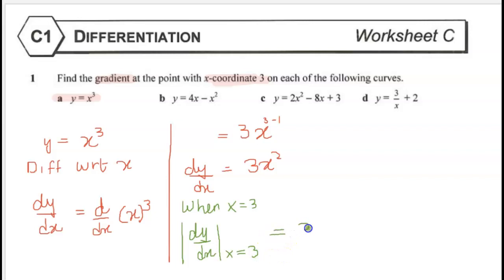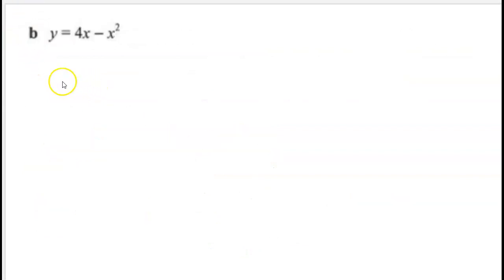And then you put 3, that 3 is from here, and 3 squared. So when you put that in the calculator, you get the answer 27. And that's your answer. Let's say we want to find out again the gradient of this equation at the point when x is 3.